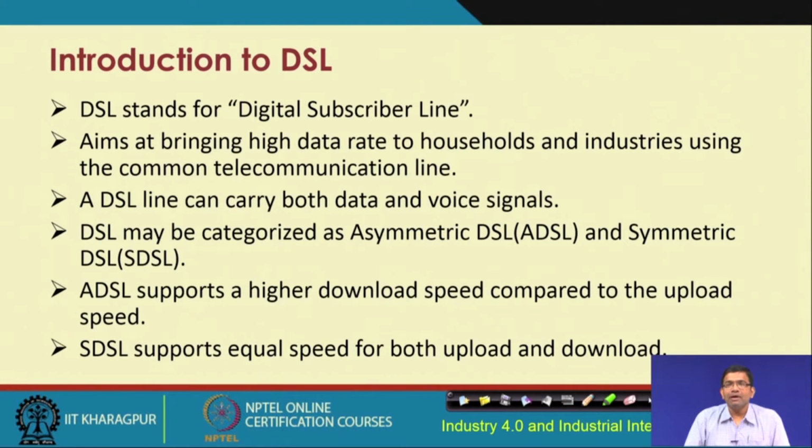Nowadays people are not using ADSL based modems anymore, but still it is good to know what these are, because some industries might still be using these legacy modems. ADSL is called asymmetric because it supports a higher download speed compared to the upload speed. So, there is an asymmetry between the download speed and the upload speed, which is equal in the case of SDSL, equal upload and download speeds.